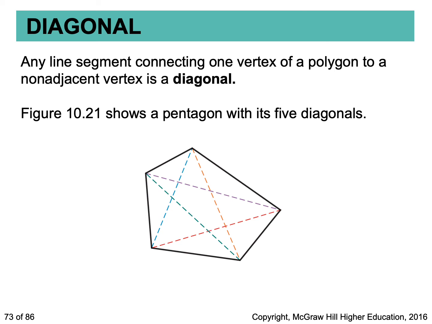Any line segment connecting one vertex of a polygon to a non-adjacent vertex, so one that's not consecutive, will be a diagonal. So this is a vertex. These two vertices are consecutive or adjacent, so they're already connected by a side.